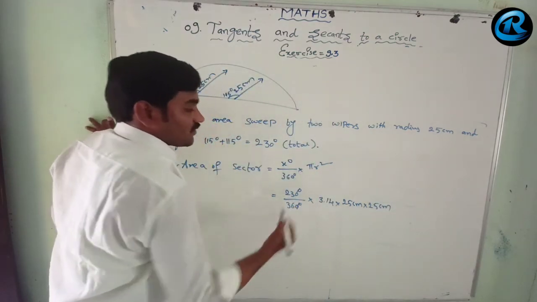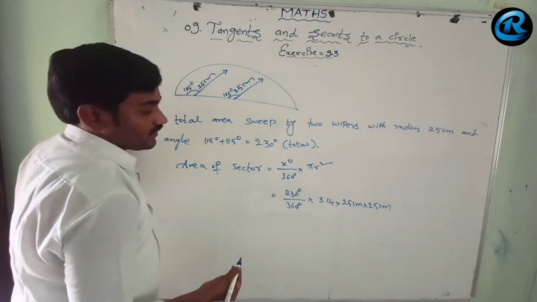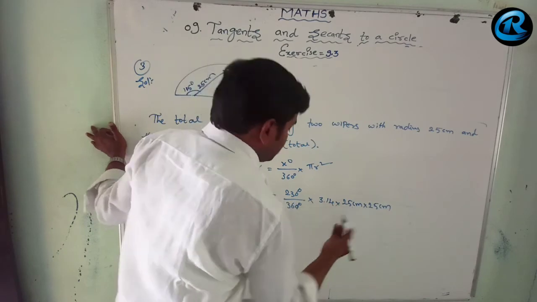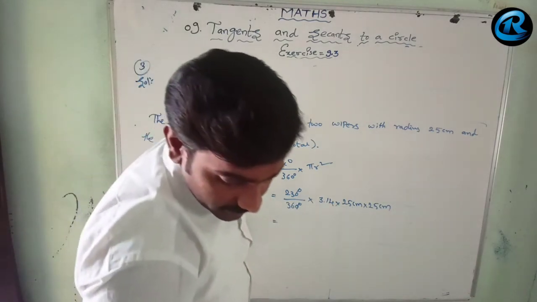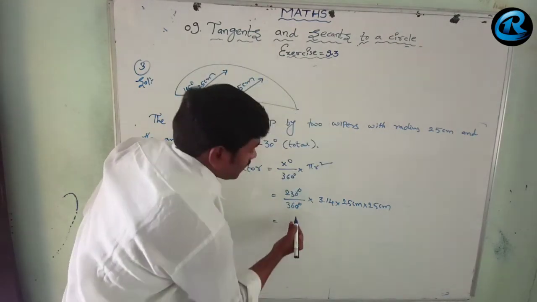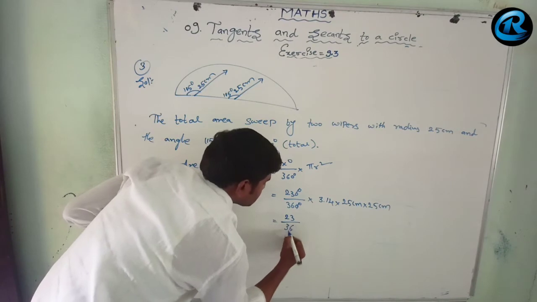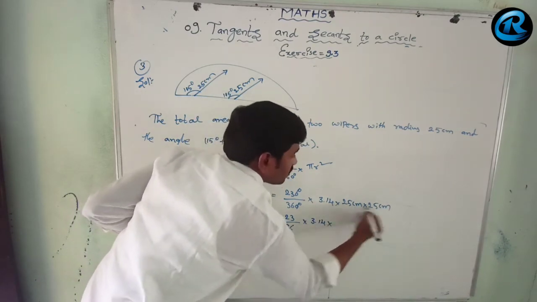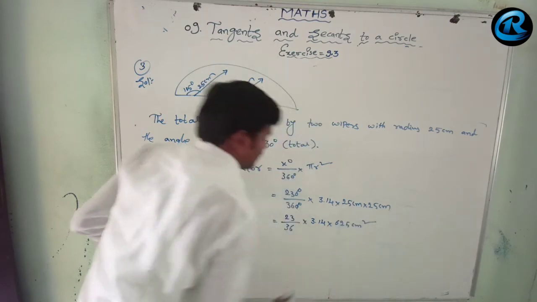Here the zeros get cancelled, and here 23 by 36 into 3.14 into 25 into 25, that is 625 centimeter square.